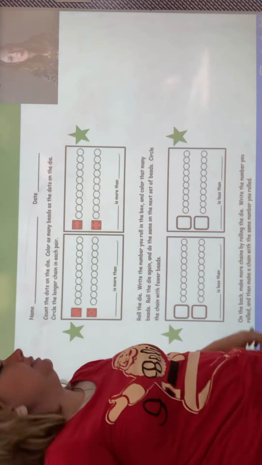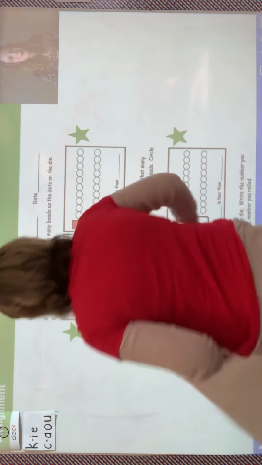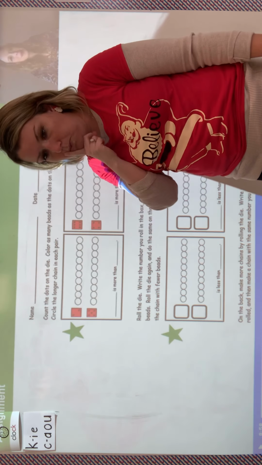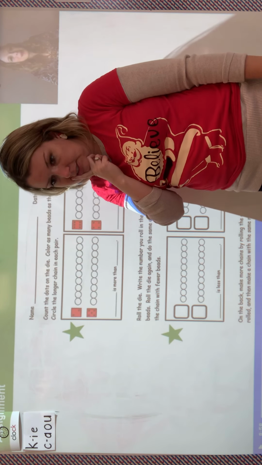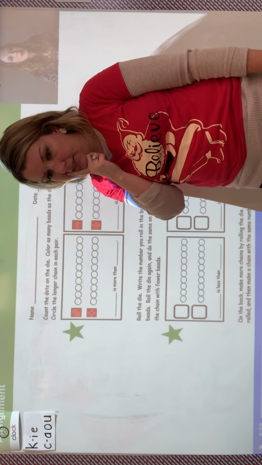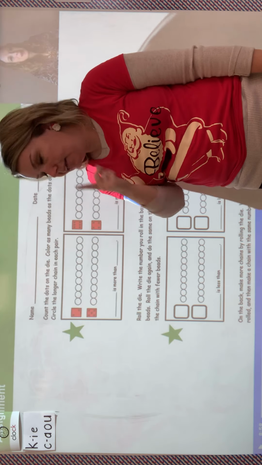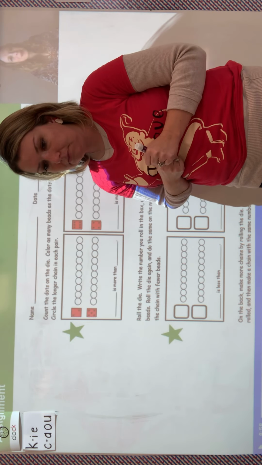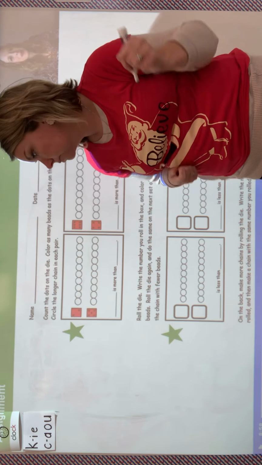So, who can raise their hand and tell me how many dots are on this dice? Let's see. Carolyn, how many dots are on this dice? I see 2 dots.